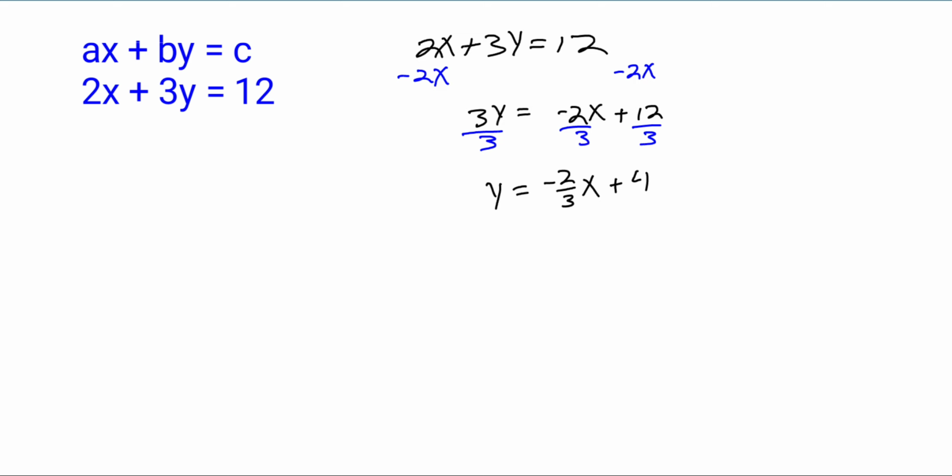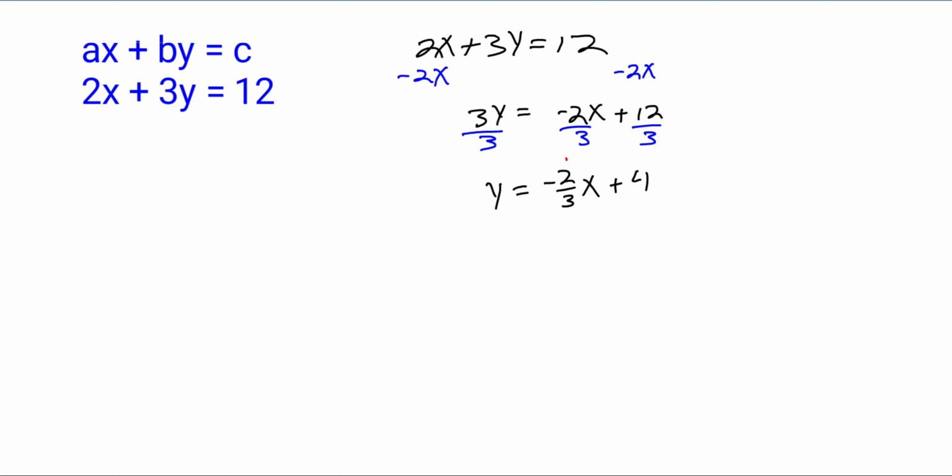Okay, now what I want you to note are where particular values are. For example, I get 4 because 12 over 3 means 12 divided by 3 equals 4.